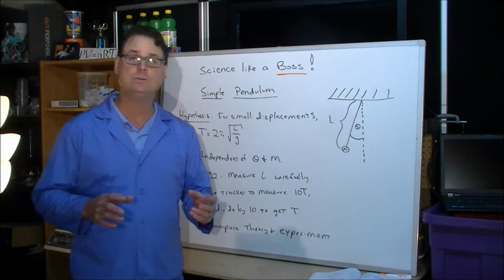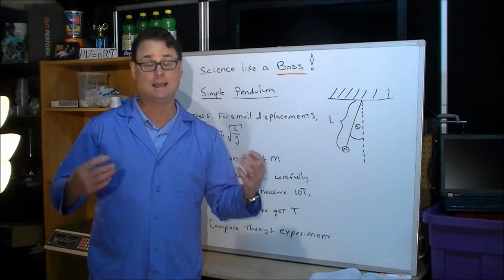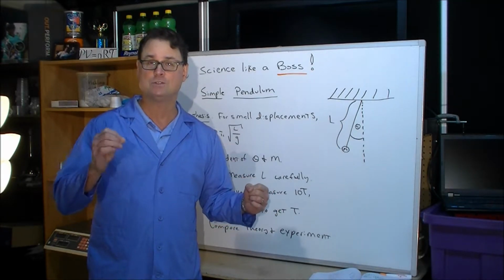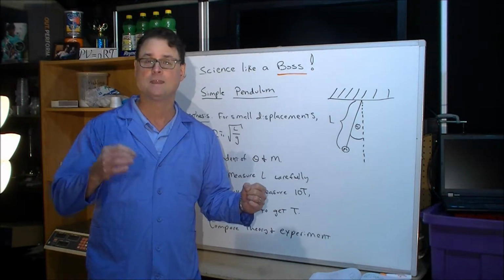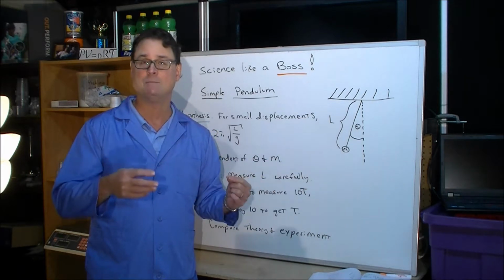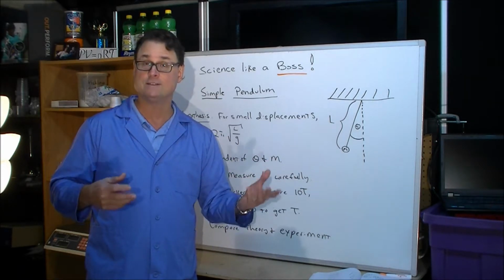The reason we do that is a limitation of the Tracker program and of video cameras: they're grabbing frames 30 times per second. So the accuracy, if we only measured it going back and forth one time, would be 1/30th of a second.